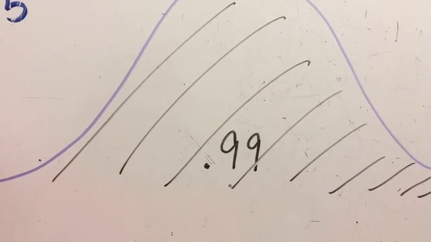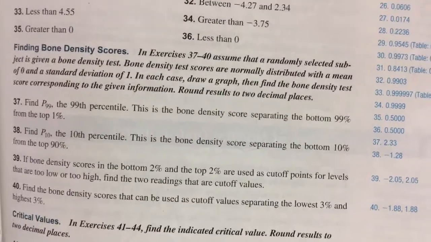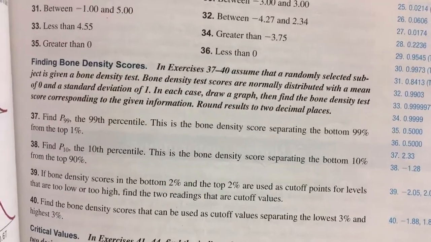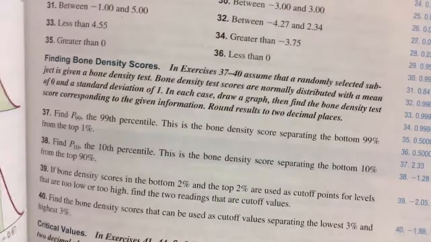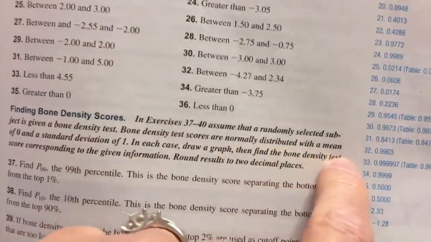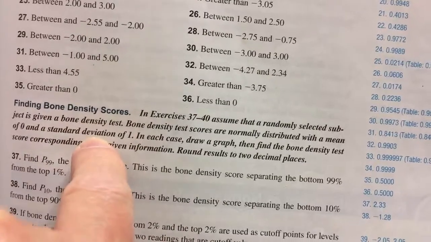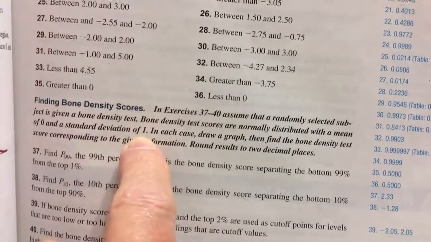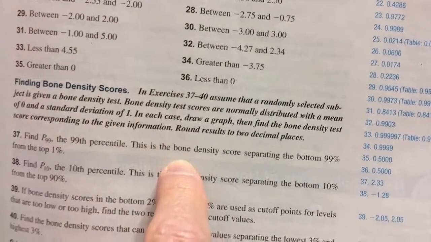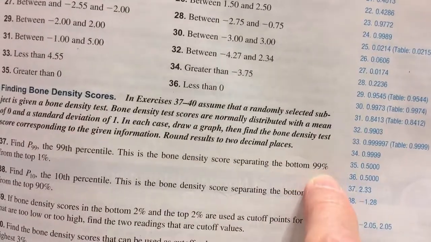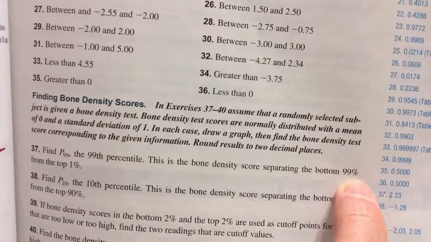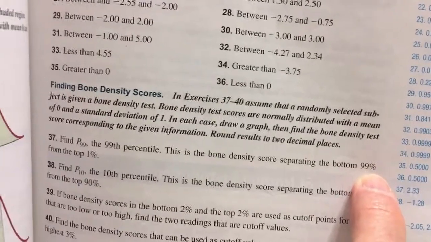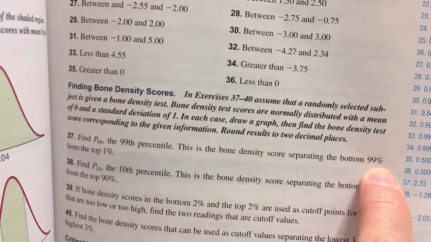I don't have to think about that. Since they tell me that I'm trying to find the bone density score, and they also tell me that bone density scores are normally distributed with a mean of 0 and a standard deviation of 1, what I'm really wanting is the z-score that's going with the 99th percentile. So we're going to go look up 0.99 in the body of the table.